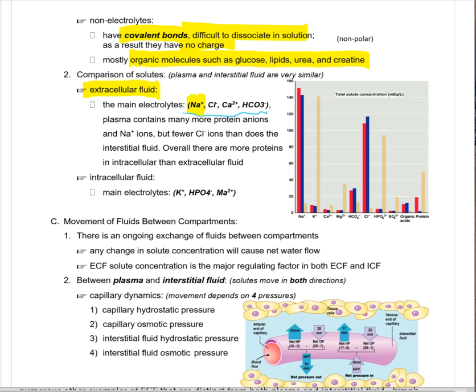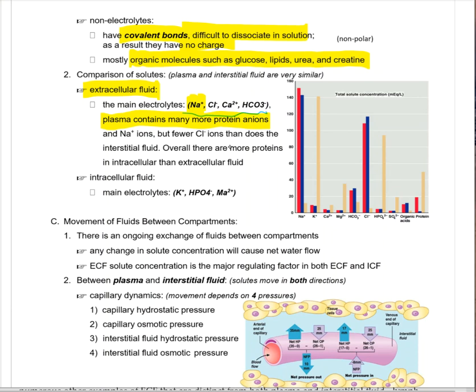It also contains a lot of protein anions in plasma, but outside of plasma, not much more. So plasma contains more protein ions, all right? But overall, there are more proteins in the intracellular than the extracellular fluid.